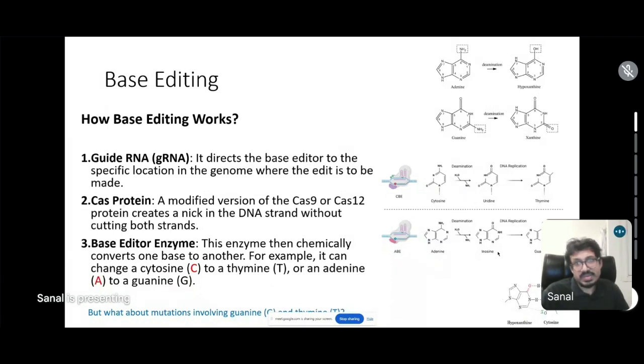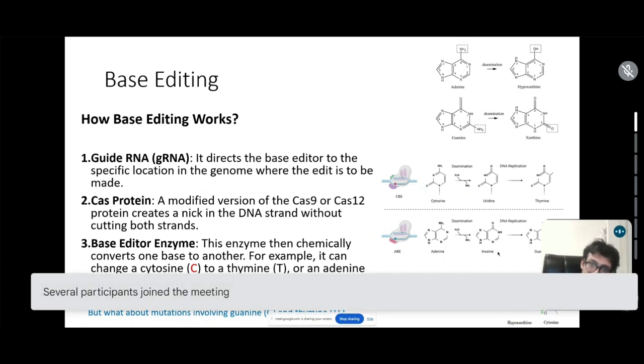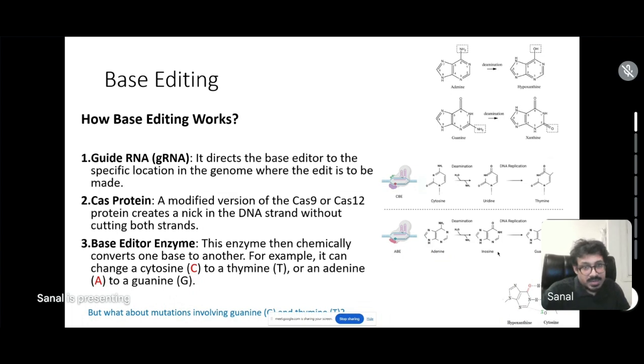The cytosine will be deaminated to uridine, and when the replication is happening, finally on the other strand it will be replaced by thymine, as I was telling you. So this is the advantage of this system. You really don't have to cut the DNA. If you cut the DNA, you end up with mutations, which are not very predictable.